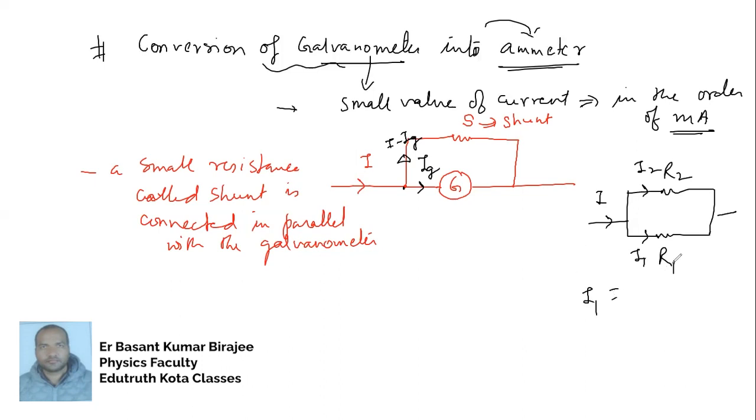The current through R1: in the numerator you take the value of the resistance in the other branch divided by the total resistance, into the current.